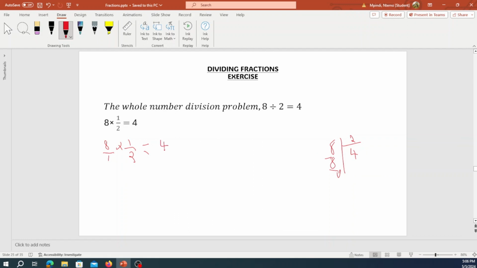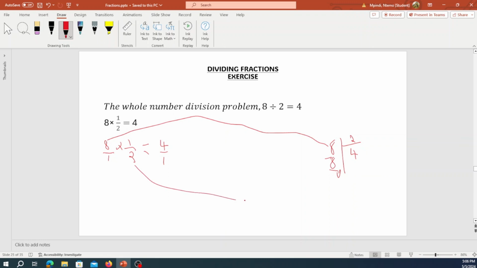4 and 1. How? 8 divided by 2 equal 4. 1 divided by 1 equal 1. So this 4, this 8, this is the 1, this is the 8.